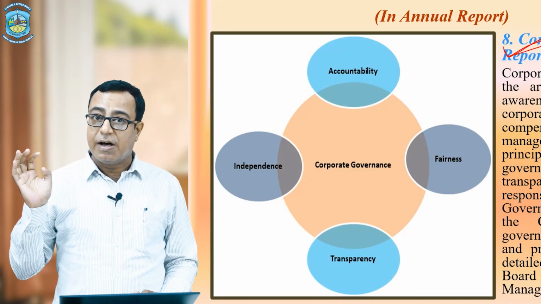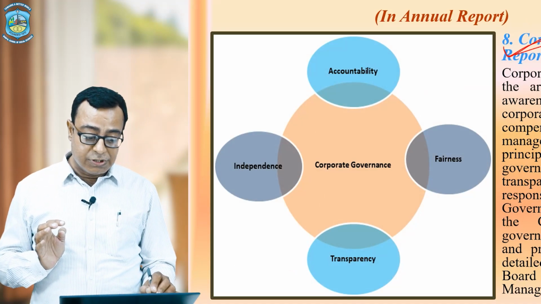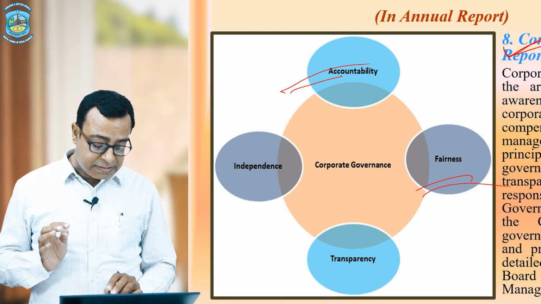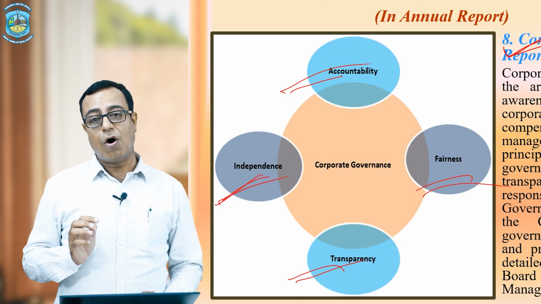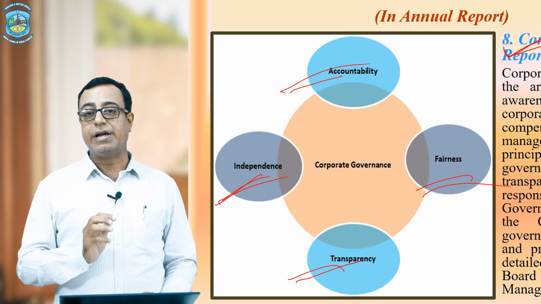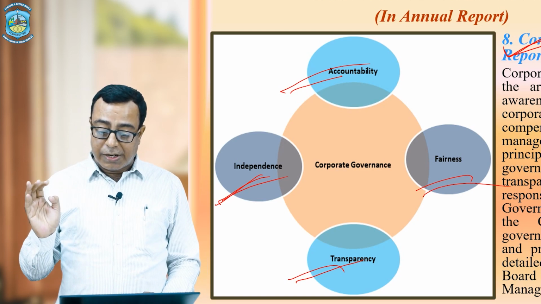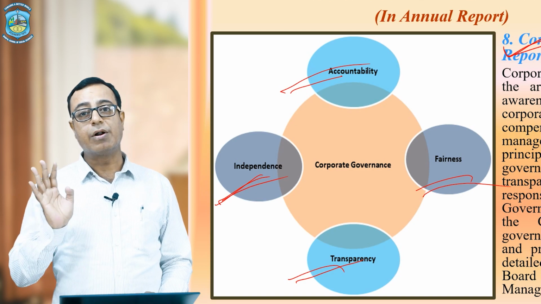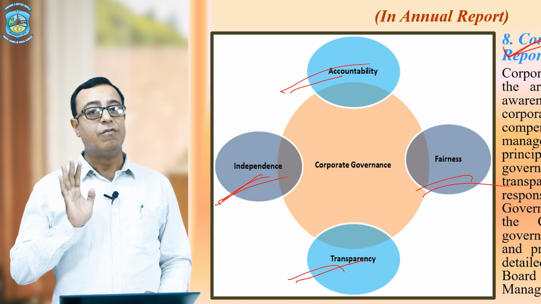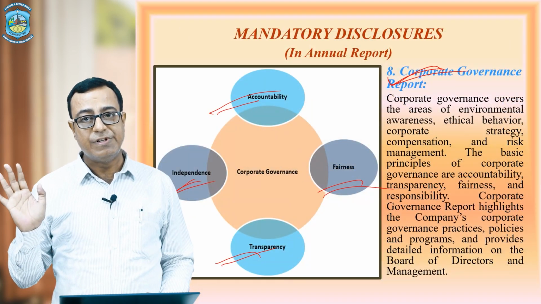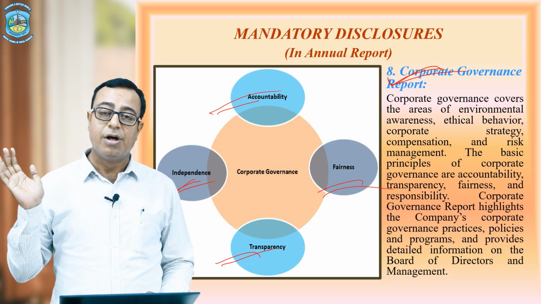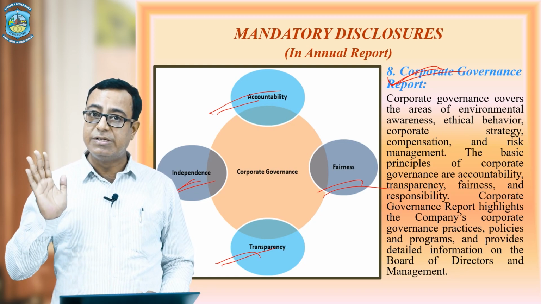Now, the directors should keep accountability, fairness, transparency and independence in their operations, in their workings. So corporate governance means fair or smooth running of business without violating any law, rule or provision. This is known as corporate governance, meaning fair business ethics.